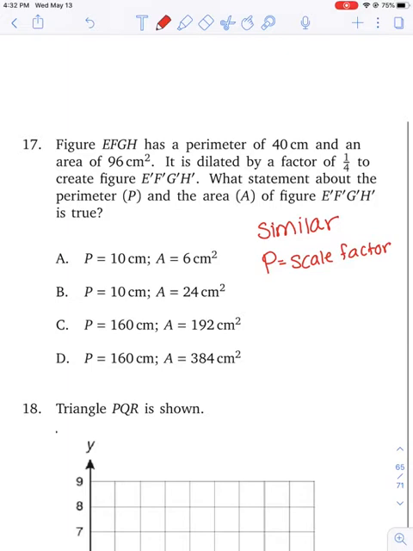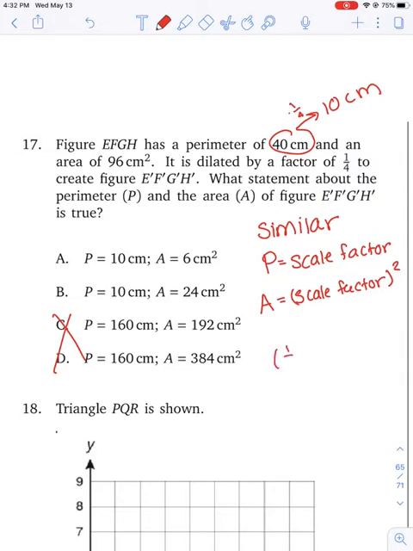So right away, I can say that the perimeter of 40 centimeters, I need to multiply by 1/4. In other words, divide by 4. Perimeter is going to be 10 centimeters. So I can eliminate these two guys. The area is affected by the scale factor squared. 1/4 squared is 1/16.